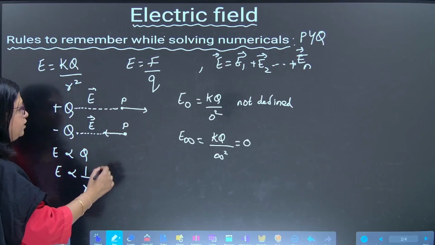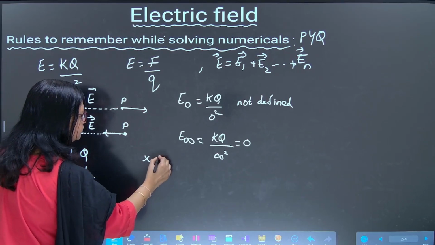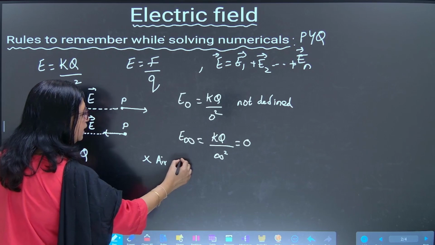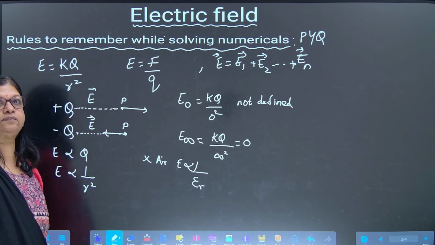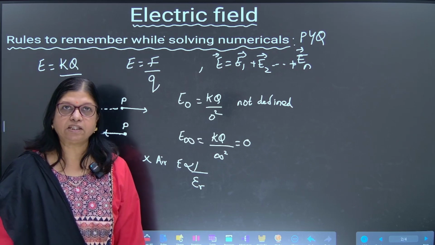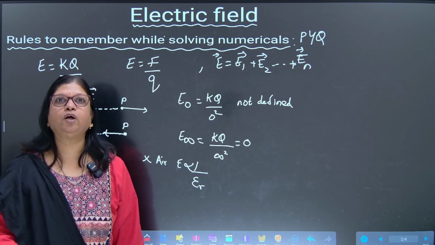Okay. So if the medium is not air, then E will be inversely proportional to epsilon R also. What is epsilon R? The permittivity or the relative permittivity of the medium.